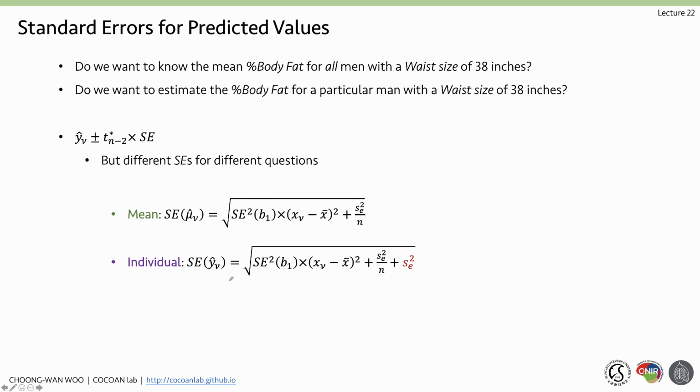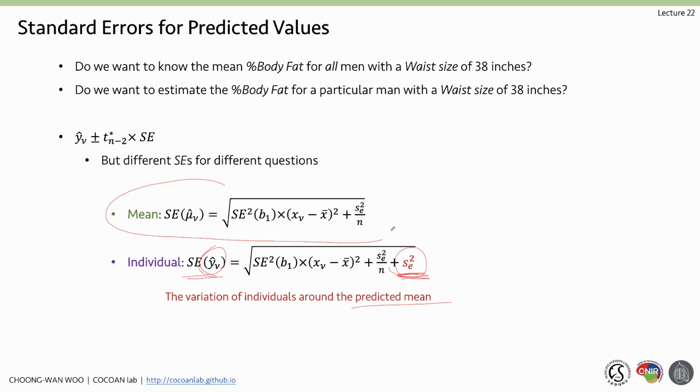And for an individual data point, you have one more component, that is the variation of individuals around the predicted mean. So this is the residual standard deviation, how spread the dots are around the line. And by adding this, we are having more error component. So for the standard error of each point, a particular man, we have this additional component.